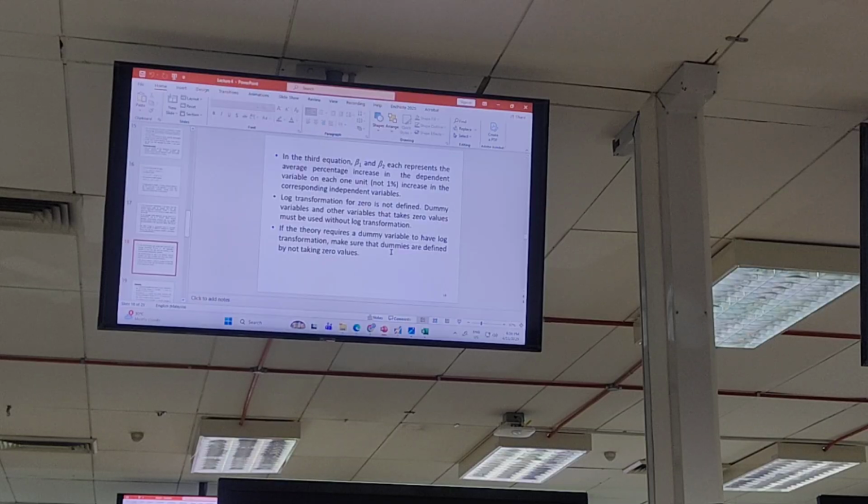If the theory requires a dummy variable to have log information, make sure that the dummy is defined by not taking 0 values. Normally we do not apply log on the dummy variable. I'm not really able to think of what situation requires applying log on a dummy, but normally when we have a dummy, we do not apply log transformation on it.